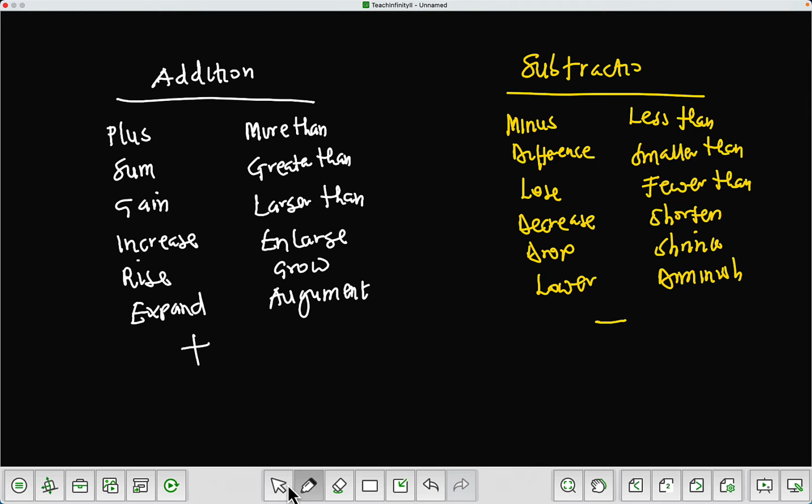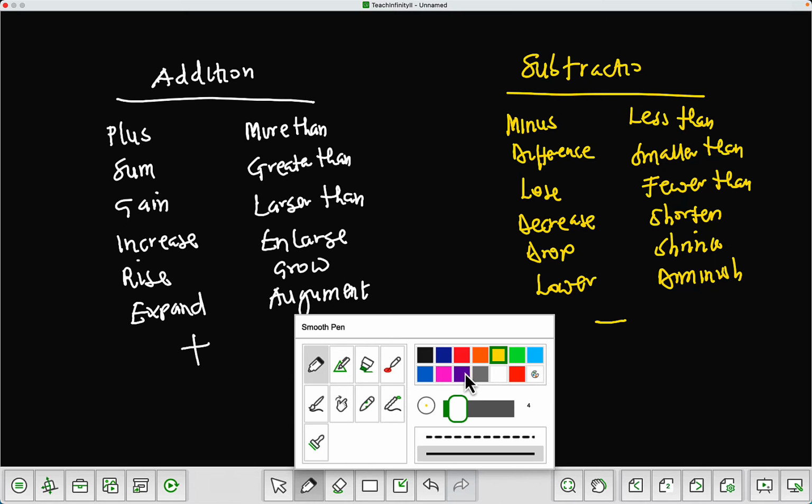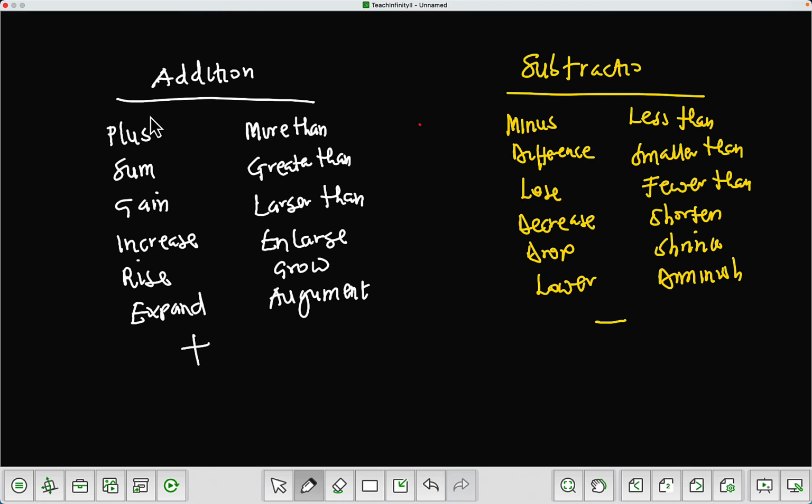Let's assume that you have been given a word problem, and in the word problem you have statements like plus. Plus is plus, addition. Things like sum, gain, increase, rise, expand, more than.